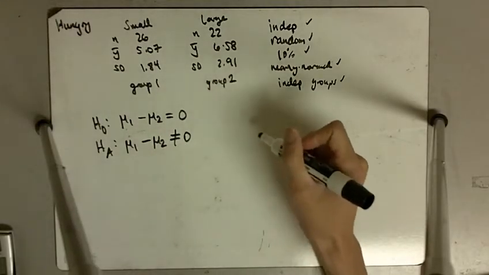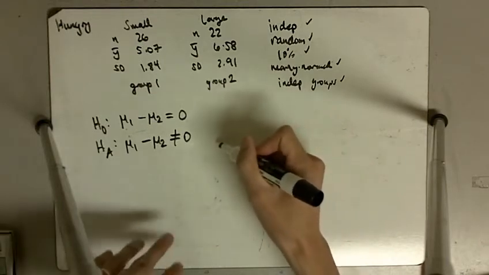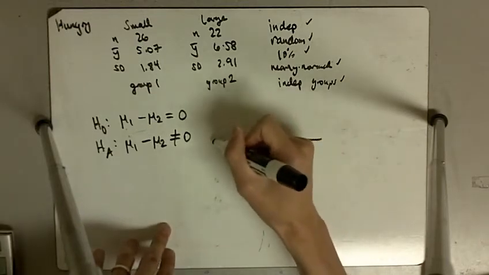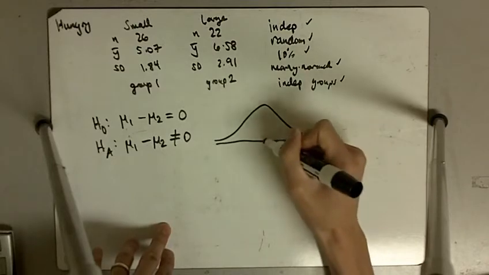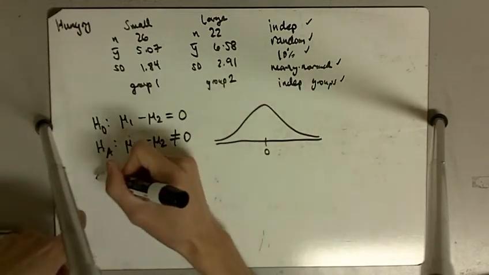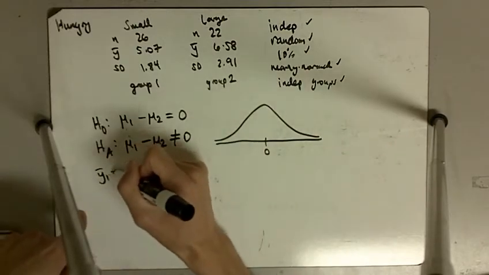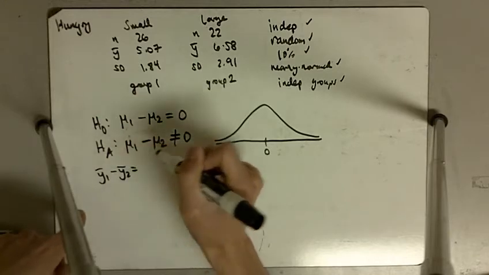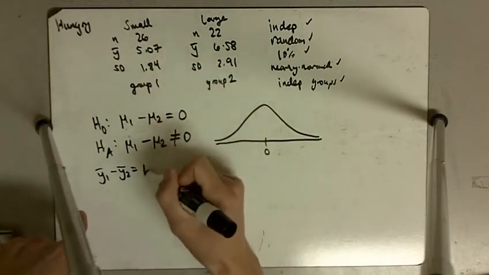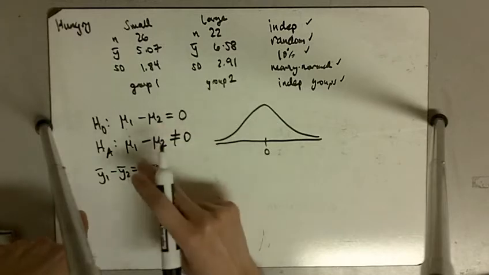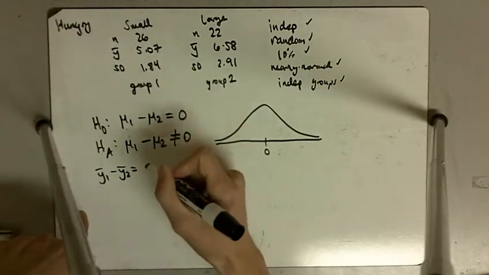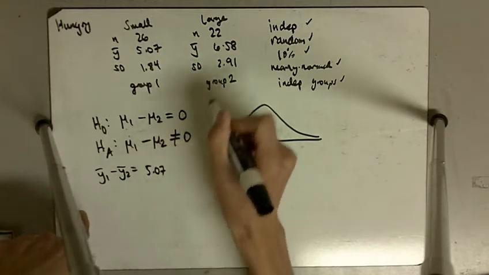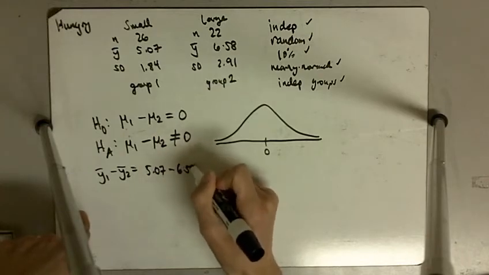And so, under the null hypothesis, our difference would be centered at 0, but what we observe, our observed difference, y1 bar minus y2 bar, is we observe that one group served themselves, the average was 5.07, and the other group, their average was 6.58.